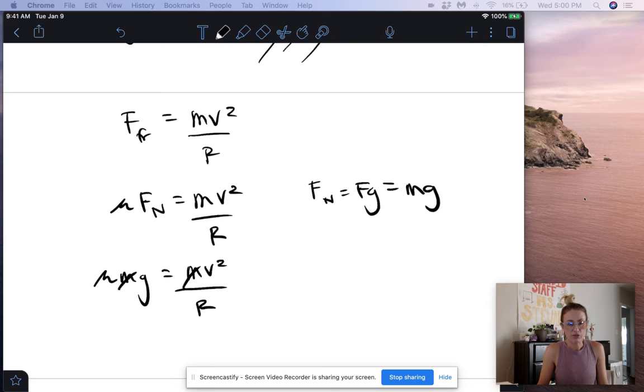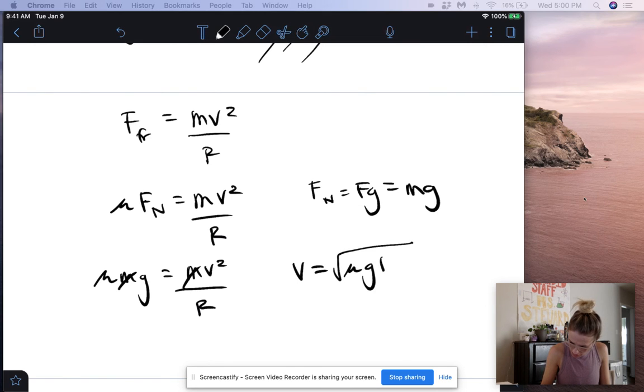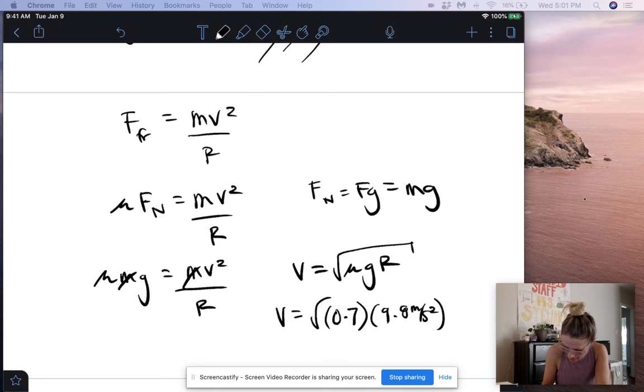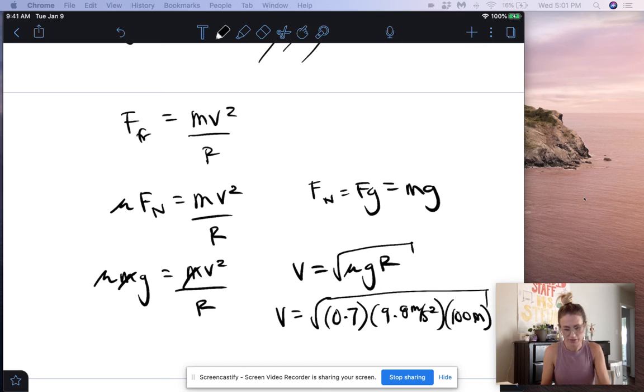So we are solving for velocity here. I'm going to multiply both sides by radius, and I get velocity is equal to the square root of mu times g times r. So velocity is equal to the square root of mu, which was 0.7, times our acceleration of gravity, 9.8 meters per second squared, times the radius of the curve, which was 100 meters.